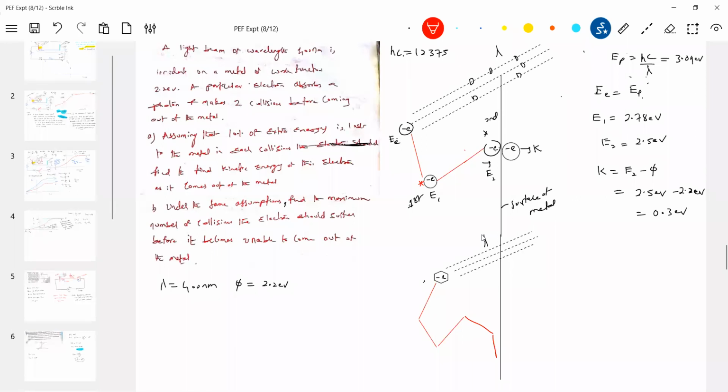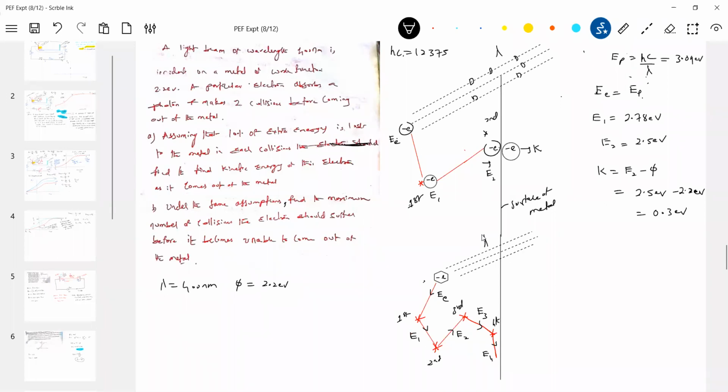So the energy of the electron was EP, then E1, E2, E3, E4, for the first, second, third and fourth collisions.